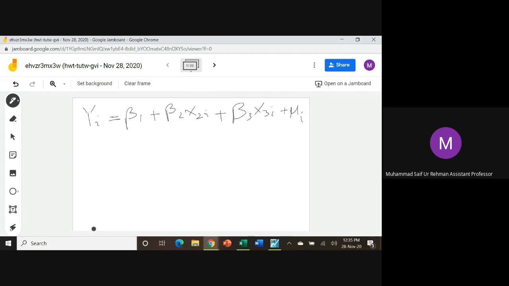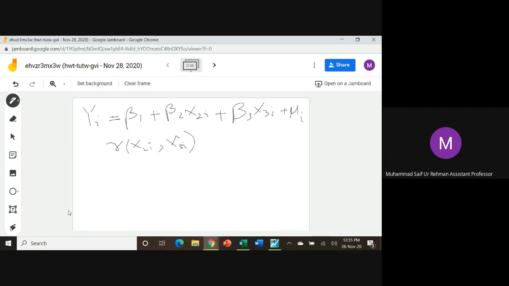Okay, so we are saying that in case of multicollinearity, I am going to write down R. R is for correlation coefficient. The correlation between x2i and x3i, these two series are there.